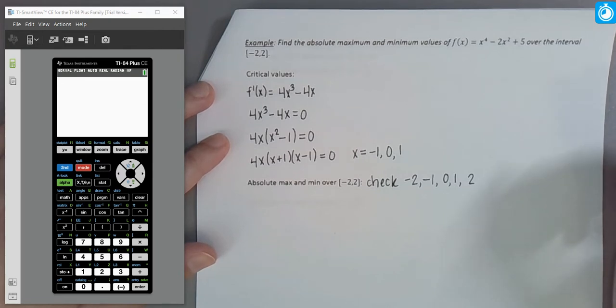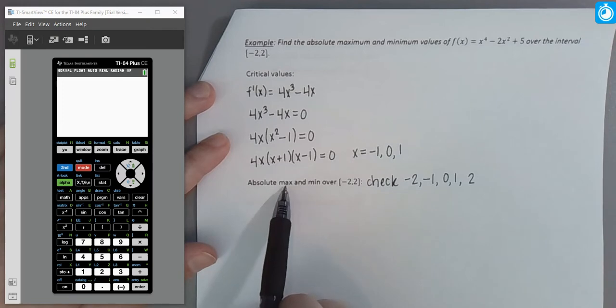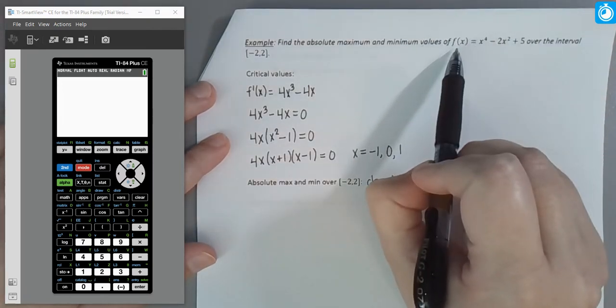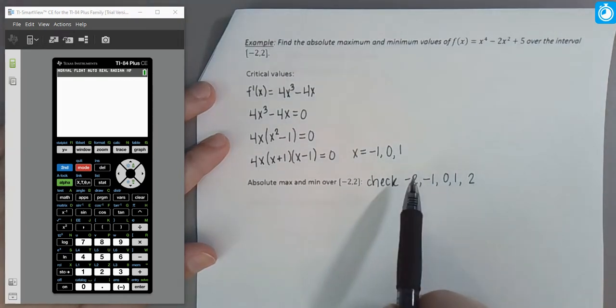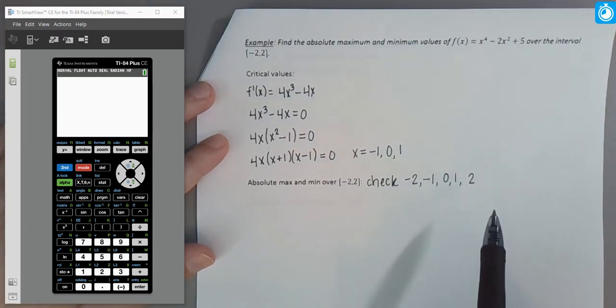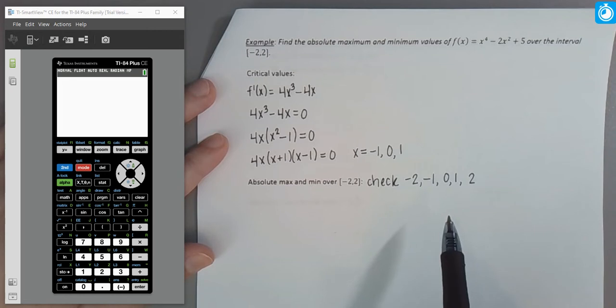By checking, again, that means we're going to take these possible locations for our max and min, plug them into our function, find the associated y value for each of these x values, and then we know the highest value represents our maximum, the lowest value represents our minimum, and then the associated x values represent the locations where we find that maximum and that minimum value.